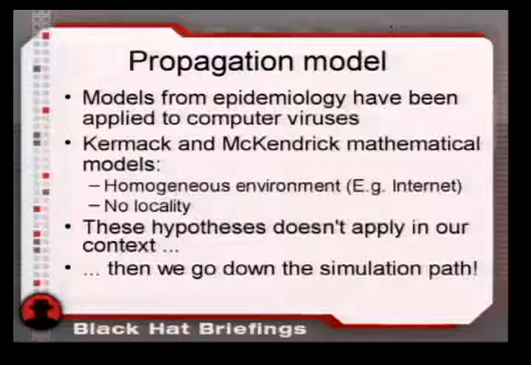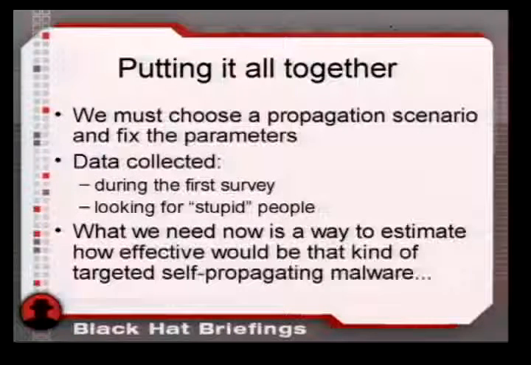Okay, because this hypothesis doesn't apply, we try to go the simulation path. We choose a simulation propagation scenario, which we'll show in a couple of slides. We try to choose reasonable parameters for that simulation.